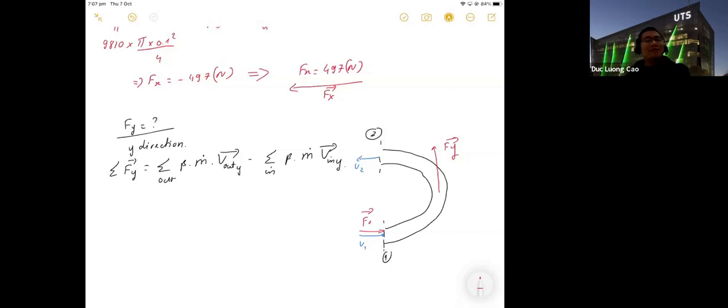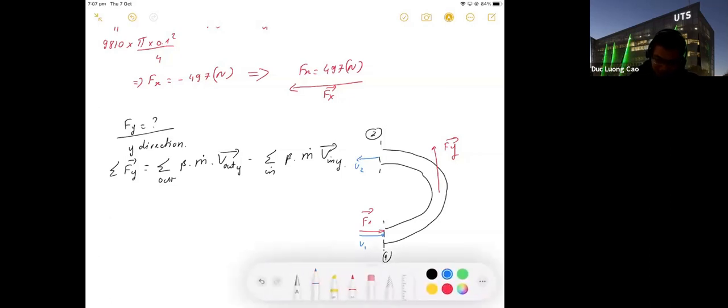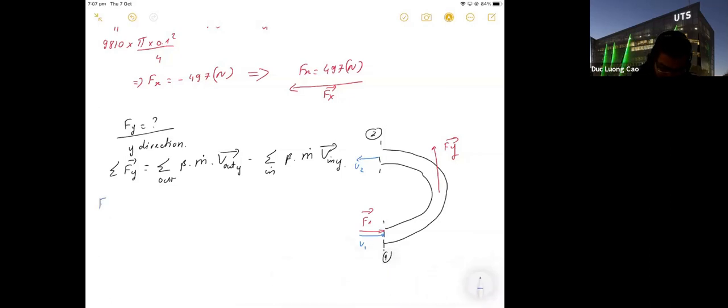Yeah, you're right, it's 0. Fy is 0. Here you see, sigma Fy is going to equal Fy plus F1y, equal to beta m V out y, which is V2y, minus beta mass flow rate V in y, or V1y.